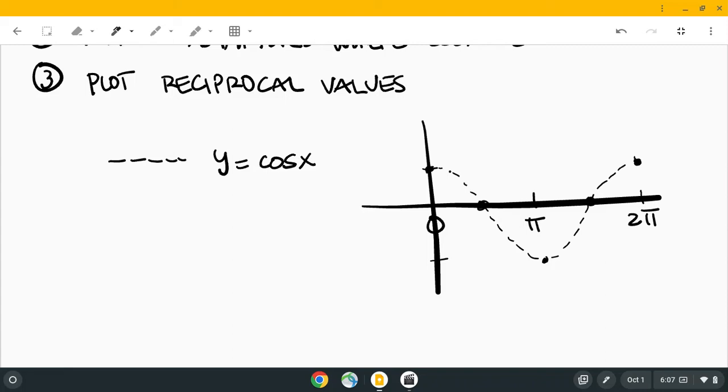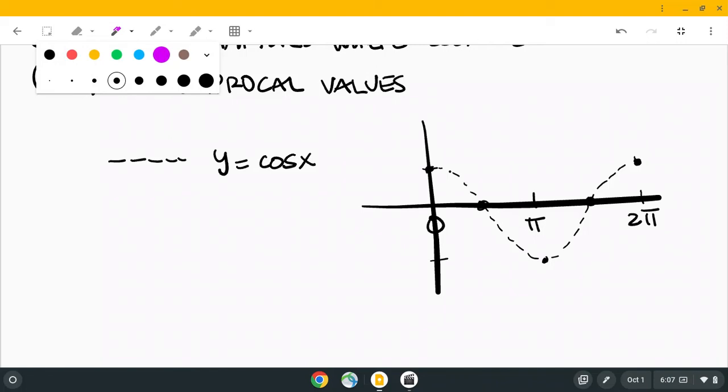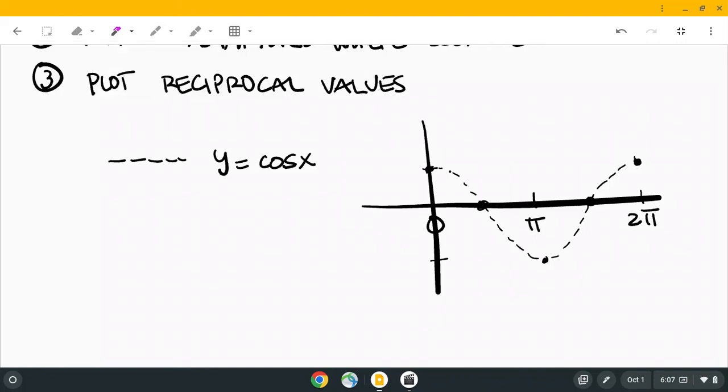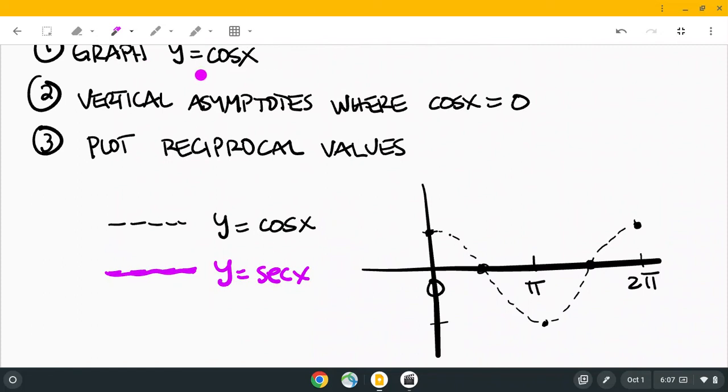All right, so now I'm going to do the secant graph. Oh, it's actually going to be solid. Okay, it'll be solid and it will be in purple. So step one was to graph the cosine function, which we did. And step 2 is to put the vertical asymptotes where cosine is 0.